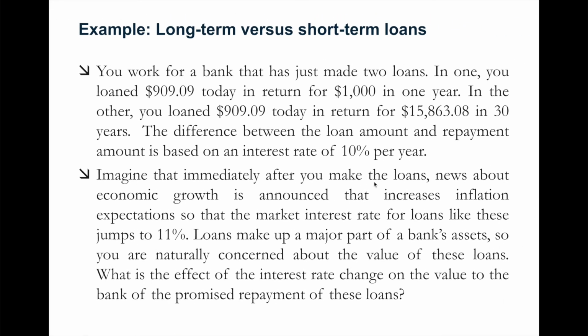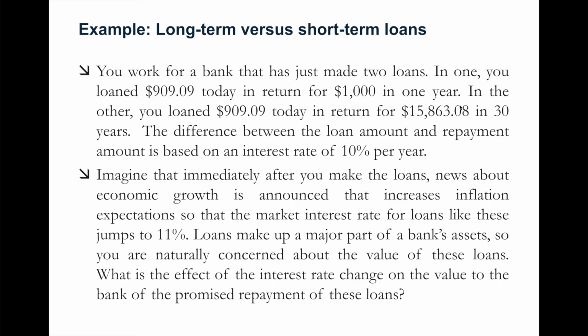In the next two slides, we'll illustrate the impact of interest rate changes on the present value across different investment horizons. The basic idea of this example, which you should read yourself, is that a change in interest rate would have a higher impact on a longer term.